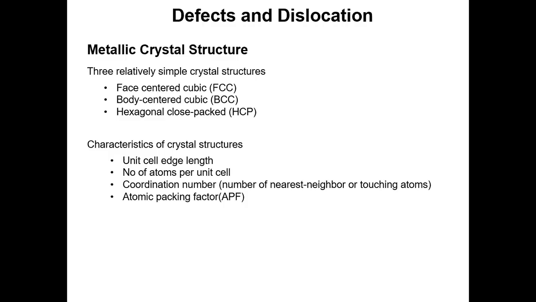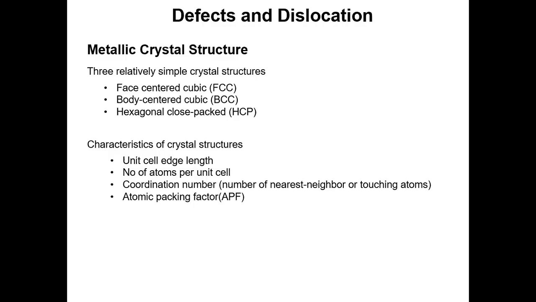That means how many atoms one atom is coordinated to: the number of nearest neighbor or touching atoms. When it coordinates, one atom can touch another atom, or it may act as a nearest neighbor. The other characteristic is the APF, the atomic packing factor.